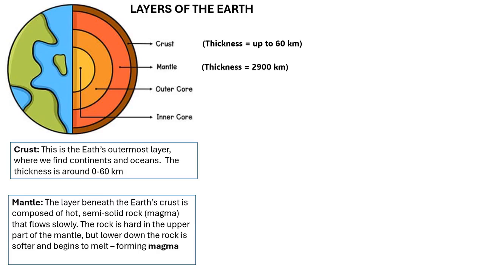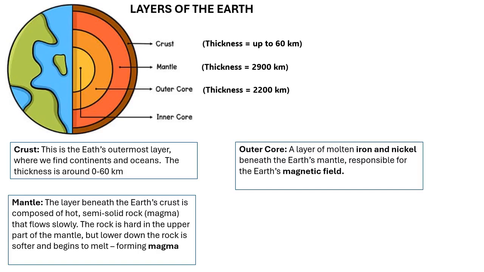It is composed of hot semi-solid rock, which is called magma. The rock is hard in the upper part of the mantle, but the lower down you go into the mantle towards the core, the softer the rock becomes, and this softer rock is also known as magma.